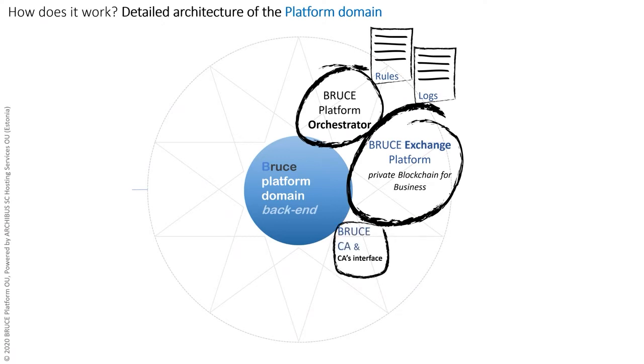Then we have also enabled the certification authority, which in essence we have in two ways. Bruce by itself has a certification authority for institutions, for the members of the Bruce platform, the ones that are connected to it.